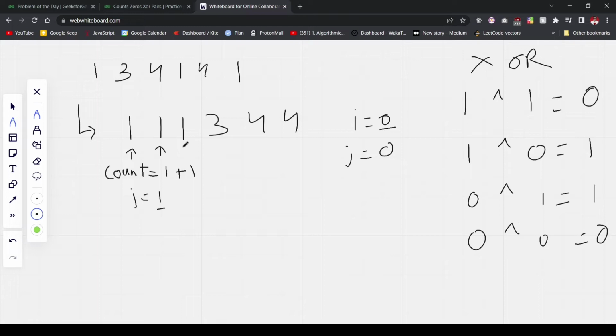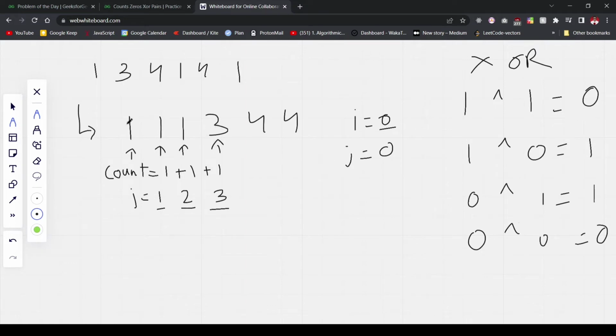Now again I'll increment j to 2, and I'll compare array of j at position 2 and array of i, which is at index position 0. Again they are same, so I'll increment my count. Now I'll again increment my j. It would be 3 now. Now j points at the value 3.